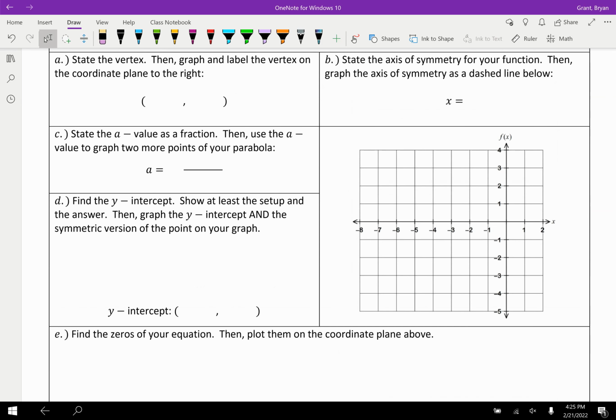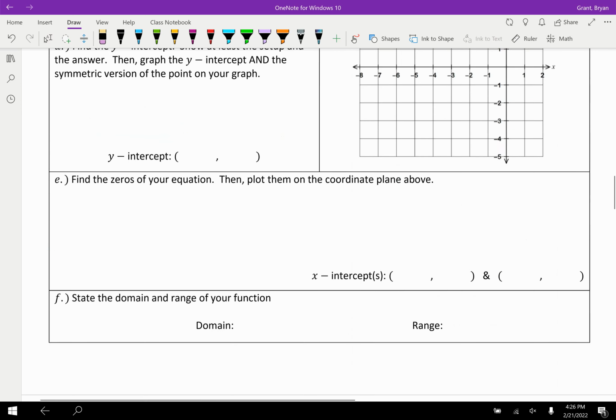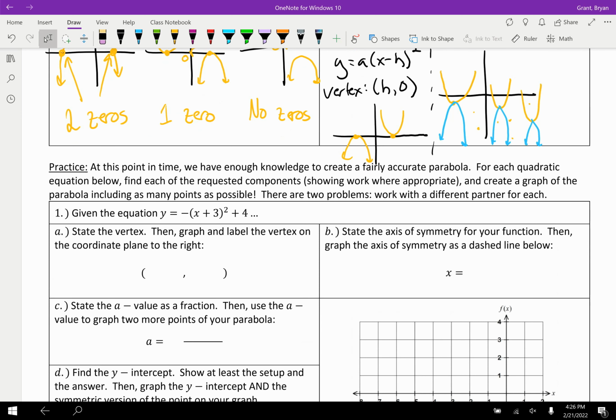Get it graphed. If you get stuck, unpause and check or listen to my walkthrough. If you're in class, please work with a different partner for each one of these, where one partner helps you with all of problem 1, and the second partner helps you with all of problem 2. And then whenever you guys are ready, unpause my video and see how you did. Ready, set, go.